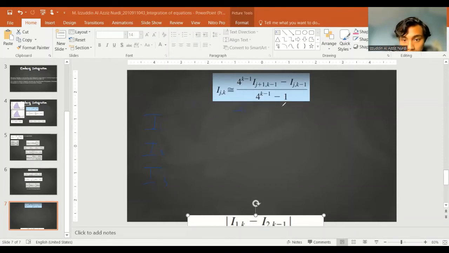I will tell you in here. So the k is actually the step, so like k1, k2, k3, it is the same as step 1, step 2, step 3, and I1 is from G1, G2, and G3.